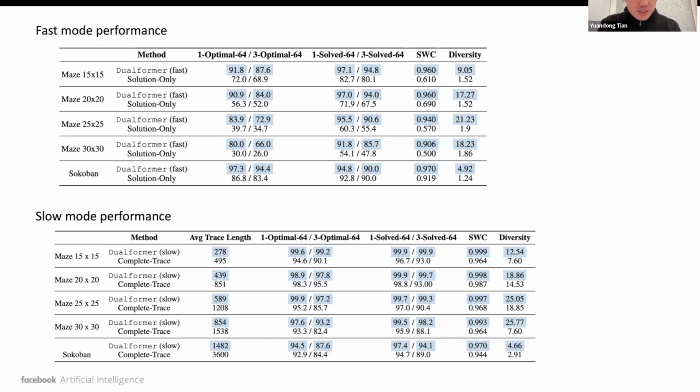And you will see that if you ask the model to do either fast mode or slow mode, you see better performance compared to the complete trace baselines. Very interestingly, the diversity of the fast mode and slow mode actually becomes higher. This is very important because it will improve the test-time compute scaling laws.